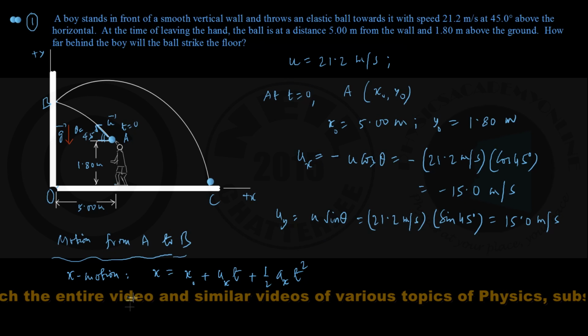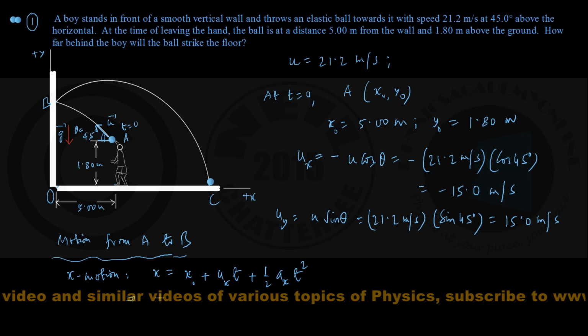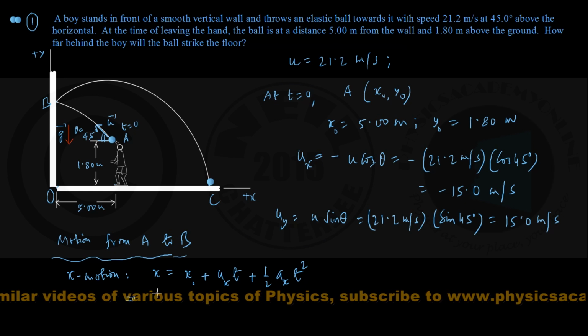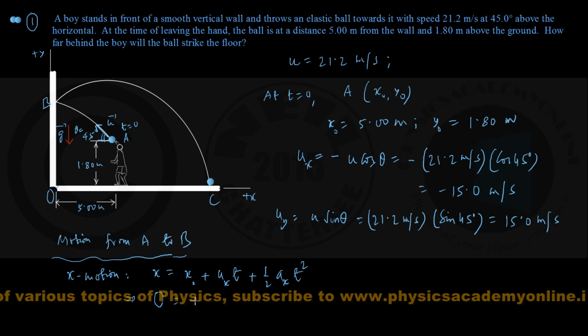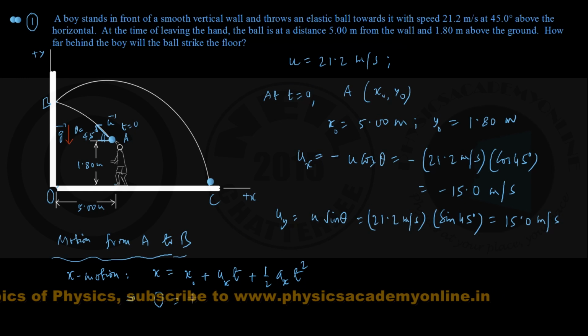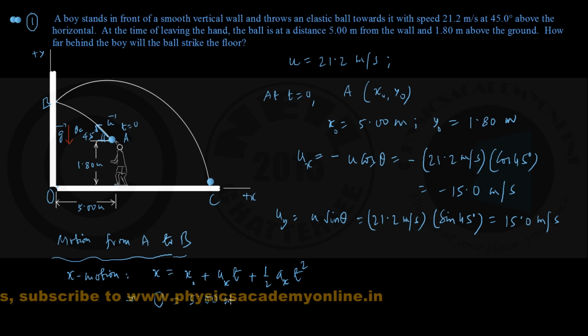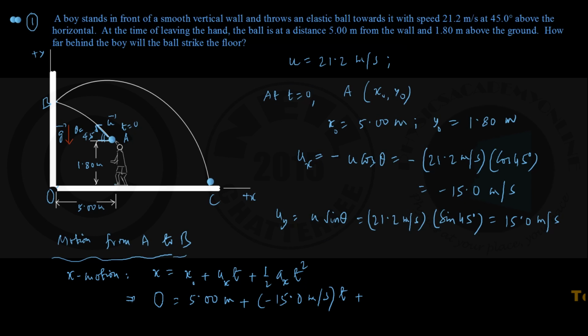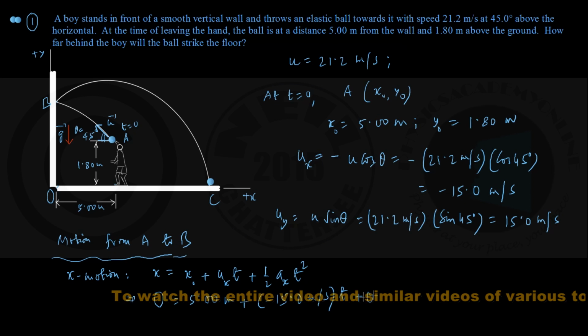So you can write down that finally at point B, over this part of motion AB, position coordinate becomes 0 finally. Initially x0 listed above is 5.00 meter plus ux, that was minus 15.0 meter per second into time of travel. And since the motion doesn't have any acceleration component in horizontal direction, it is only vertical, therefore this ax term is 0, and this whole thing is coming out to be 0 only.